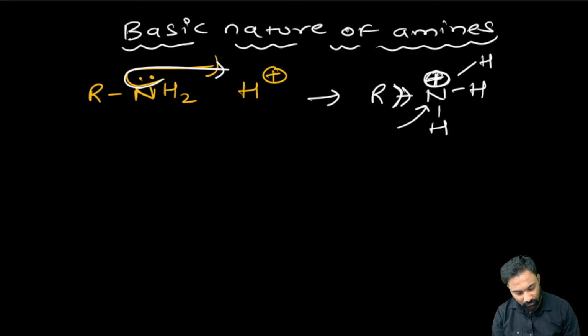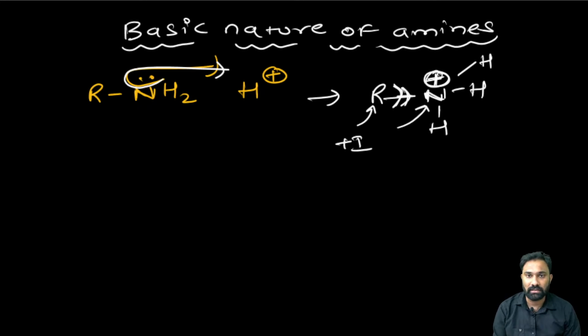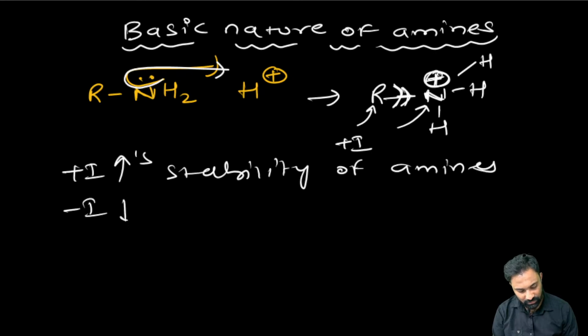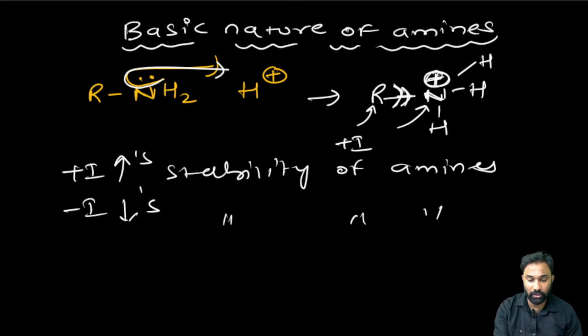If it is stabilized by the plus I groups, that amine is more basic. Clear? Plus I groups increase the stability of amines. Minus I groups decrease the stability of amines. This is one key point you have to remember.